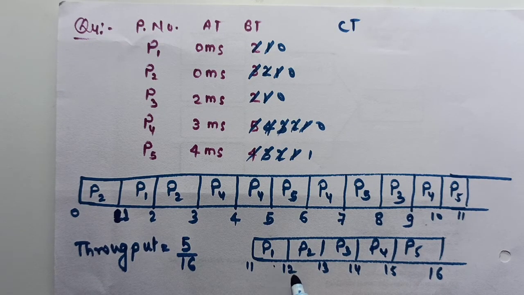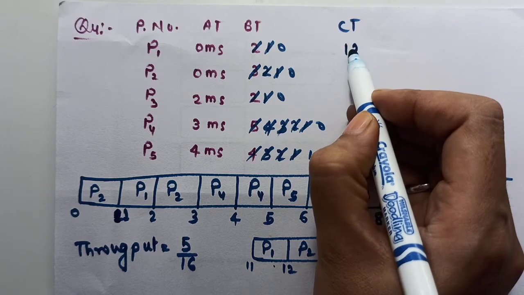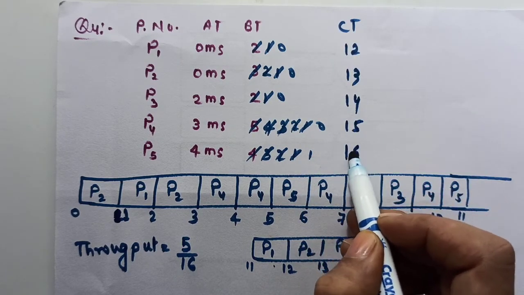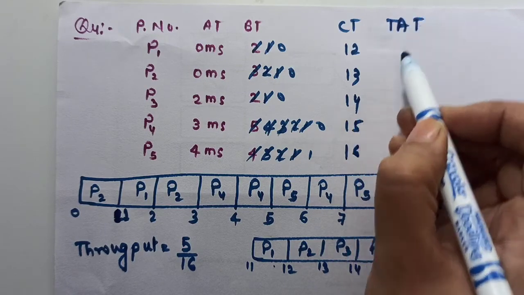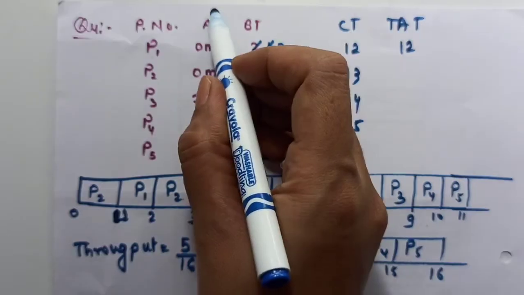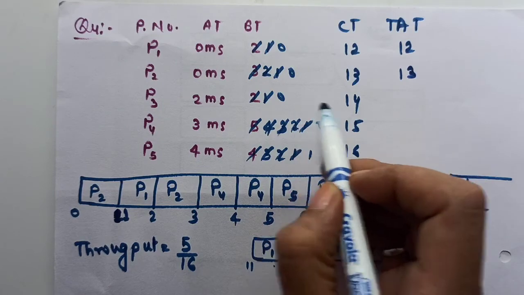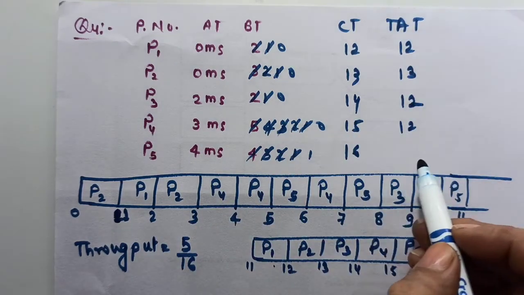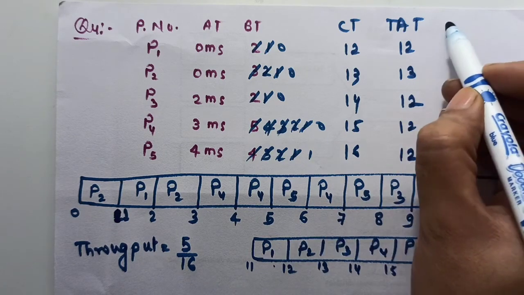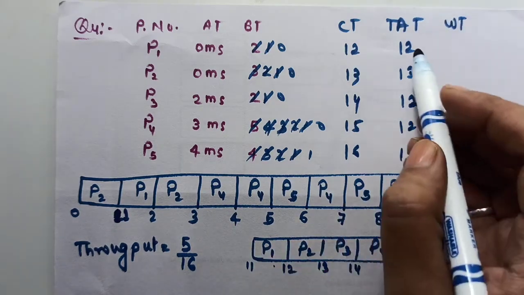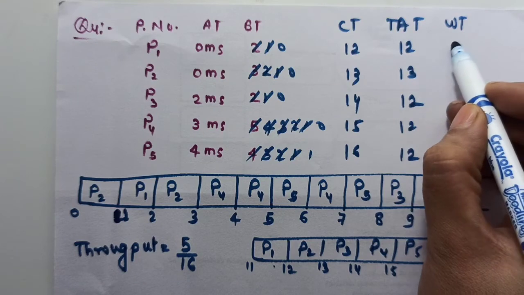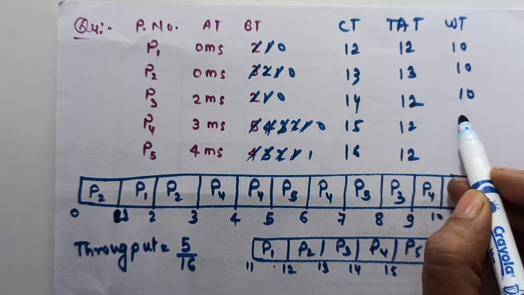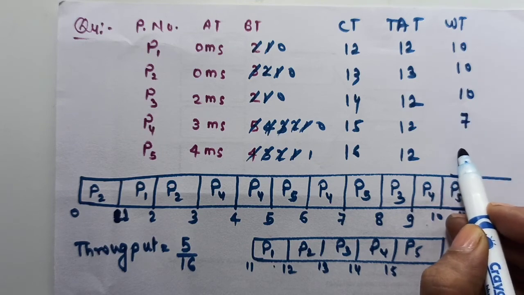Process P1 is completing at time 12, P2 13, फिर 14, 15, 16. Turnaround time देखें तो completion time minus arrival time, so 12, 13 ही होगा. यहाँ 14 minus 2 is 12, 15 minus 3 is 12, and this is also 12, 16 minus 4. Then waiting time, turnaround time minus burst time: 12 minus 2 is 10, 13 minus 3 is 10, 12 minus 2 is 10, 12 minus 5 is 7, 12 minus 4 is 8.